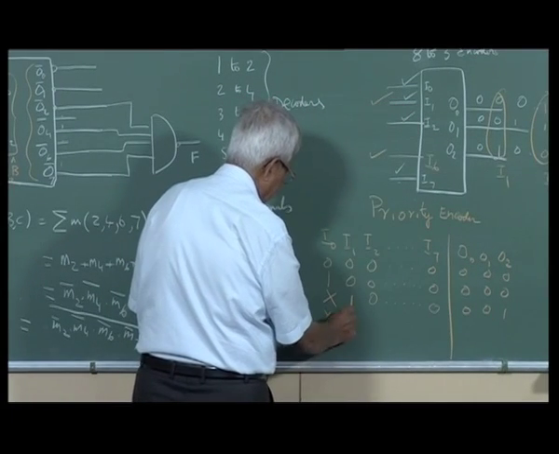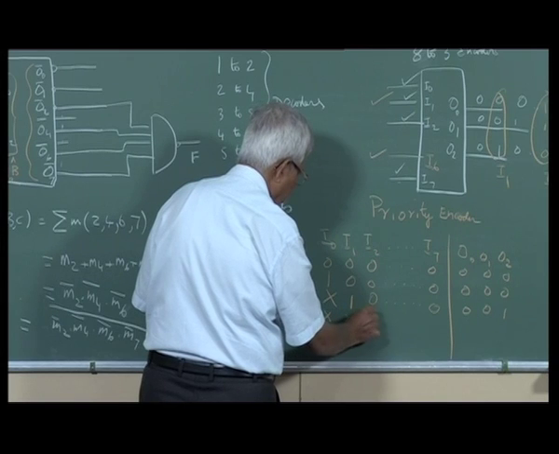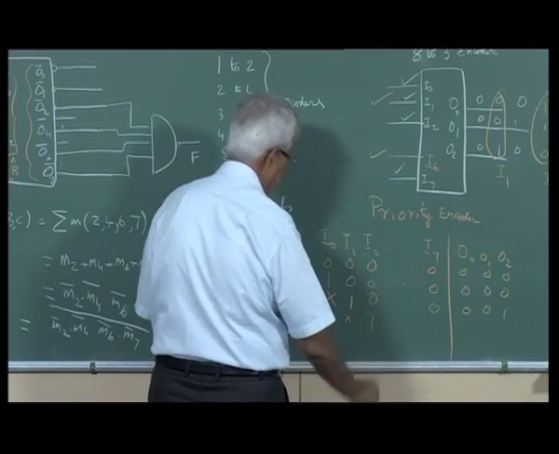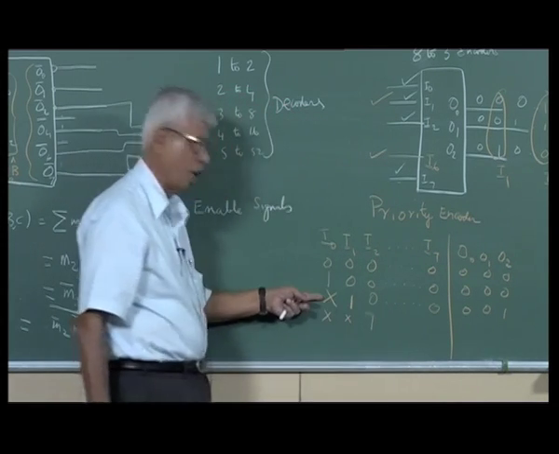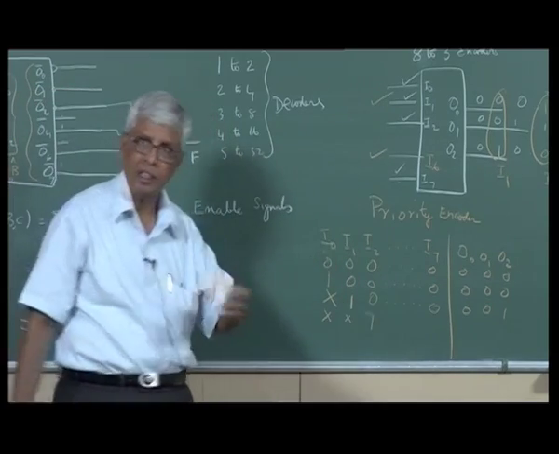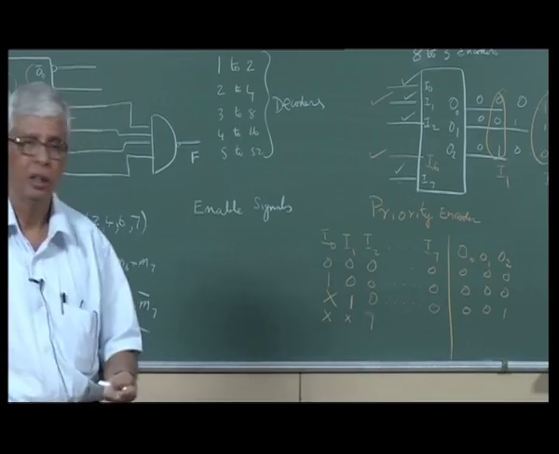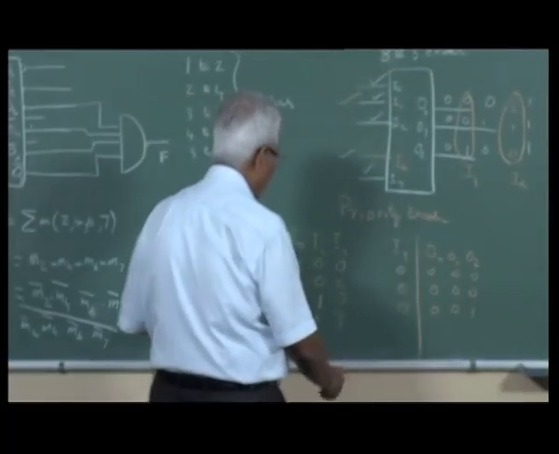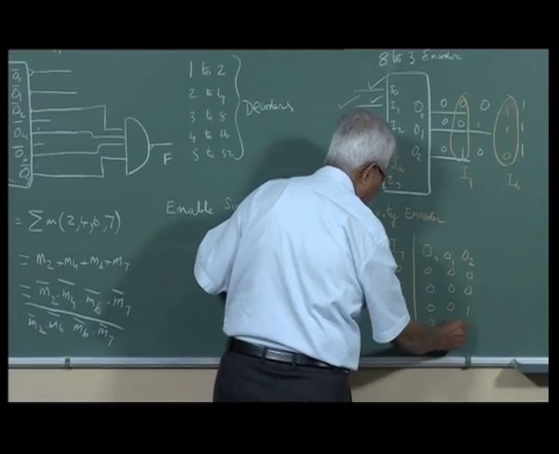Similarly, if I2 is present, I0 may be present, may not be present. I1 may be present, may not be present. Output will correspond to I2, which is 0, 1, 0.